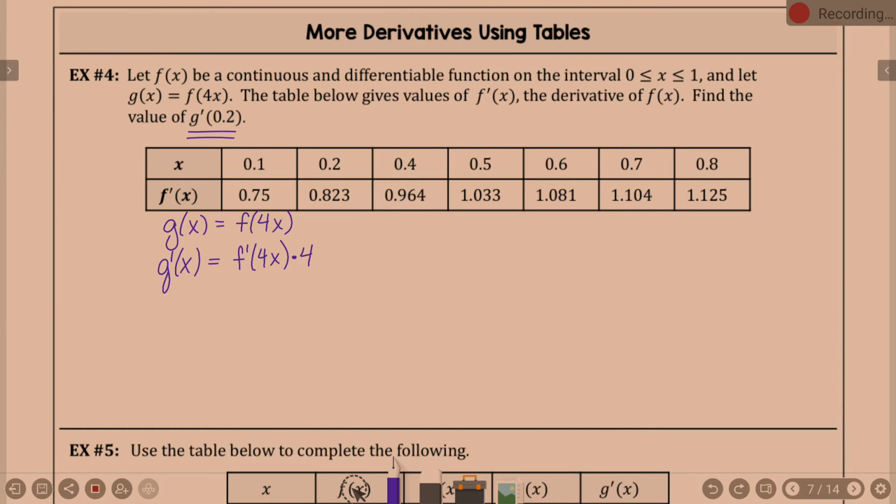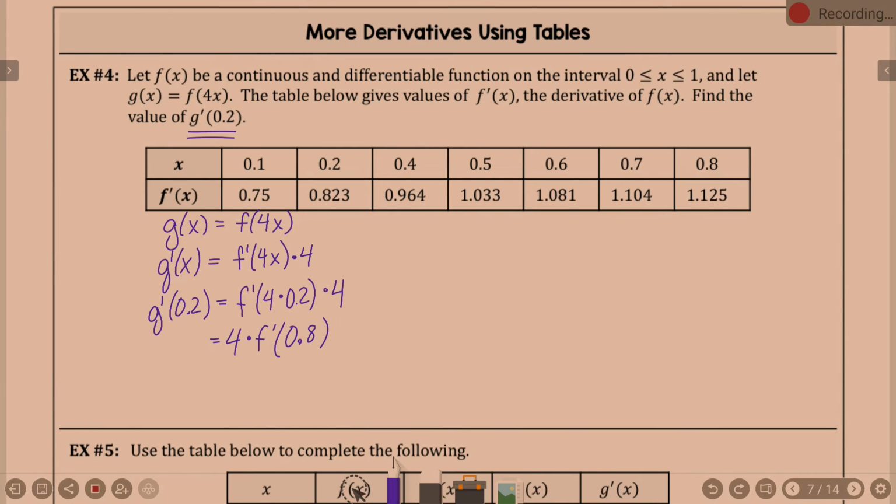So this means every place I see an x, I can replace it with 0.2. So f prime of 4 times 0.2, and times 4. I should have put that 4 out front, and I forgot that I was going to do that. So if I write my 4 out front, it's 4 times f prime of, what is 4 times 2/10? 8/10.